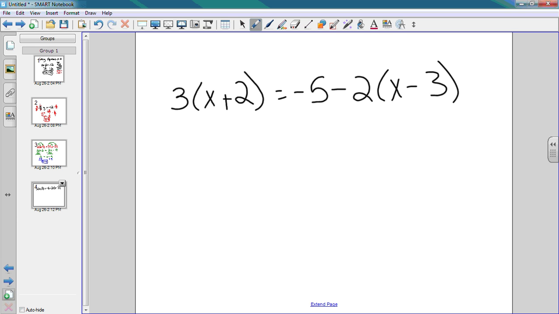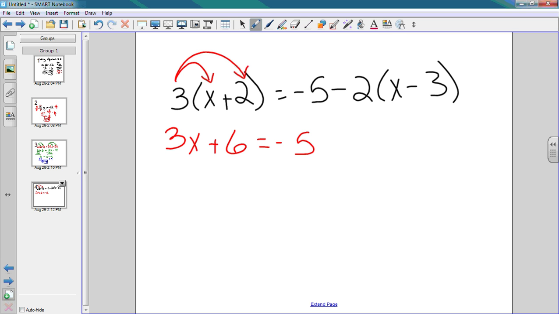I have x's on both sides, and I have parentheses. So I'm going to use that same distributive property and get rid of those parentheses. So I'm going to have 3x plus 6 equals negative 5. Now, this is why I wrote this problem down, because you have to be very, very careful here. Why? What am I thinking?